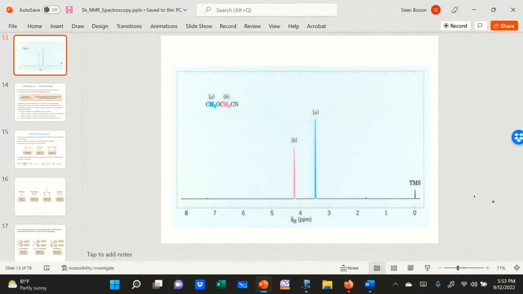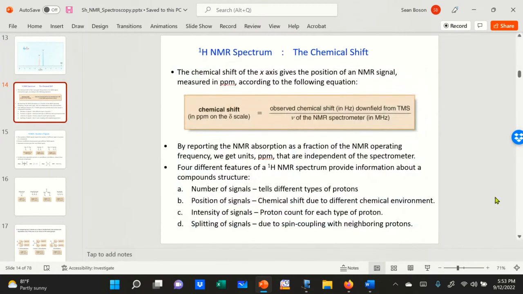So with that, and as I said, I'm reviewing these things. You have learned this in lecture already. So there are 4 things to understand about a spectrum. You see how many different types of protons there are, the number of signals. Then the position of the signal, that corresponds to the different chemical environment, which is given the term chemical shift.